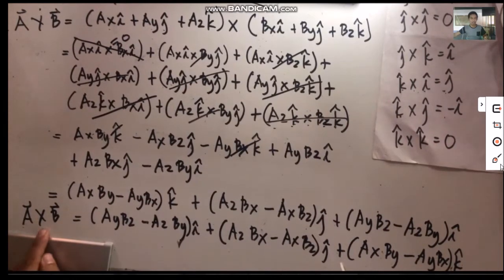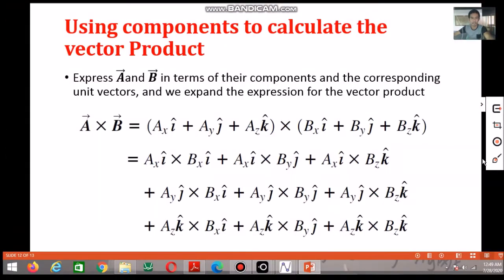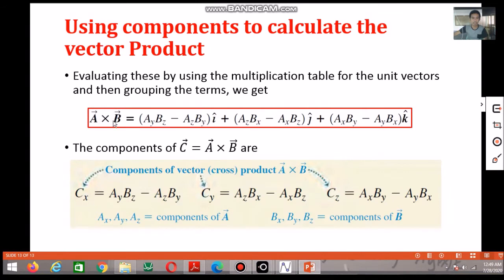So this is the cross product of vector A and vector B. Vector A cross vector B equals (ay bz minus az by) i hat plus (az bx minus ax bz) j hat plus (ax by minus ay bx) k hat.